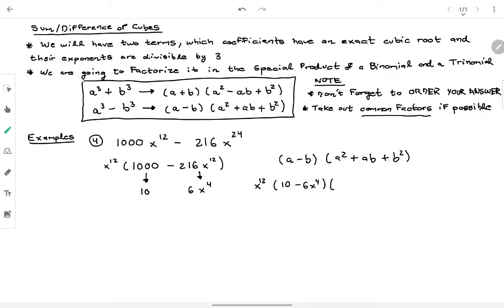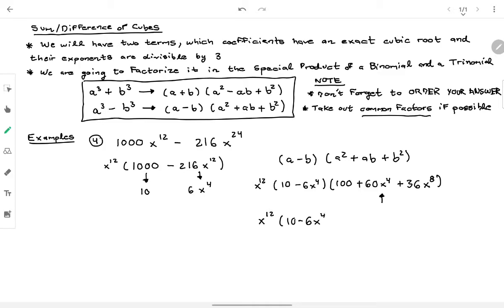Then in the trinomial, it's going to be the first term squared. 10 squared is going to be 100. Then it's going to be the multiplication of both terms, 60x to the 4. And finally, plus 36x to the 8. Remember, we need to have it correctly ordered. In this case, it's not correctly ordered because the trinomial it's not ordered. So our correct answer is going to be x to the 12 that multiplies 10 minus 6x to the 4.